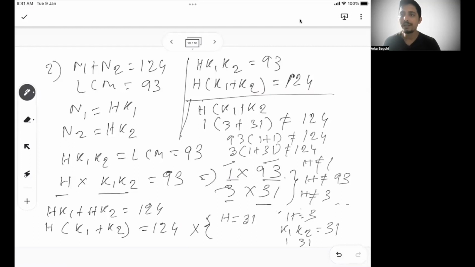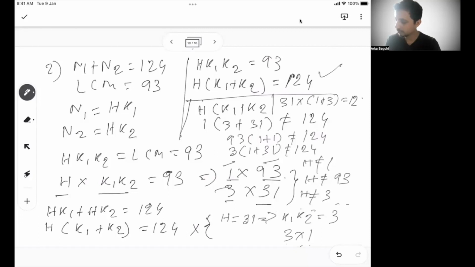The only option left for H is 31. Let's see. If H is 31, your K1, K2 can be 3 into 1. In that case, you can see this is H, 31, into 1 plus 3, which is equal to 124.